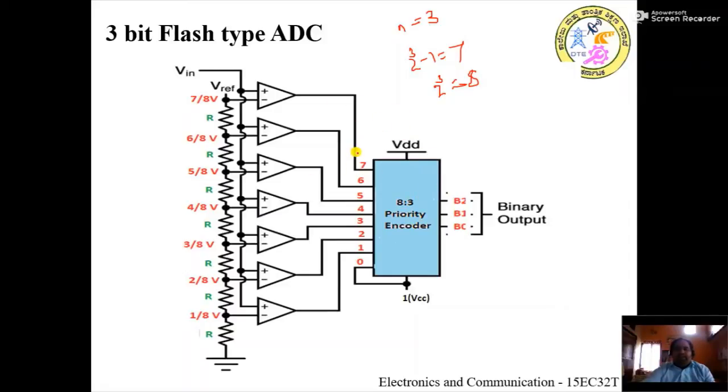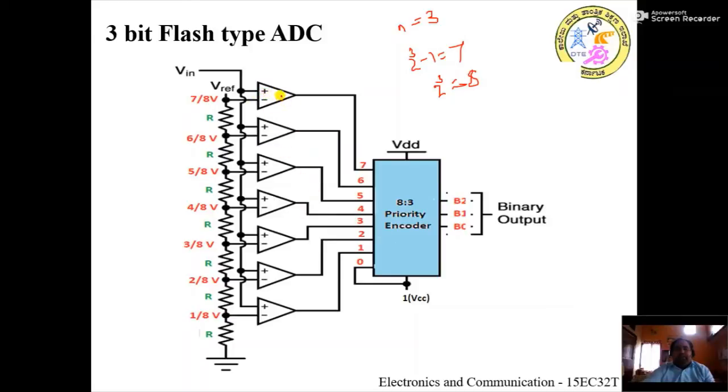The working principle or the operation is very similar to what we have discussed for the 2-bit flash type of ADC. Here also the reference voltages are given as input to the inverting input of the comparators, and the unknown analog quantity whose value is to be converted is given as input to the non-inverting terminals of every comparator.